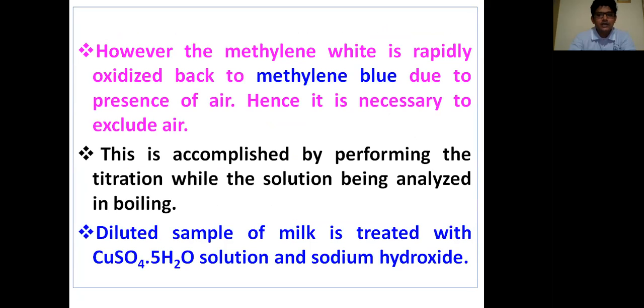Diluted sample of milk is treated with copper sulfate pentahydrate and sodium hydroxide. Now we are going to discuss the exact detailed procedure for estimation of lactose or sugar present in the milk. We have to take a diluted milk sample and treat it with copper sulfate pentahydrate solution and sodium hydroxide.